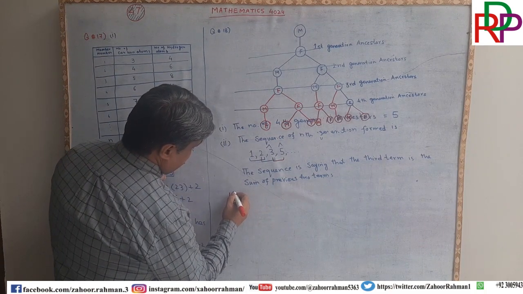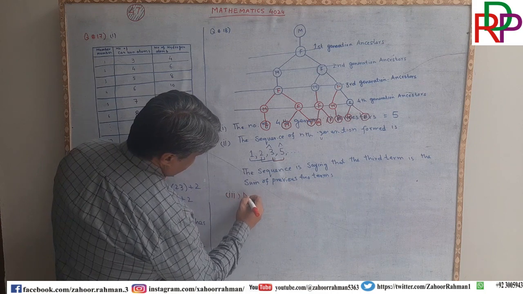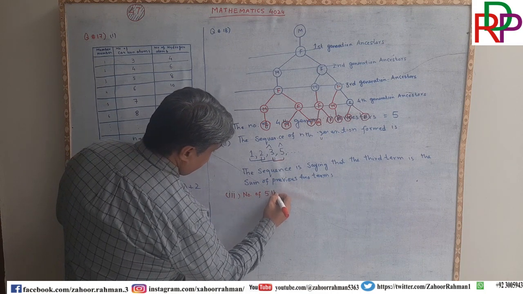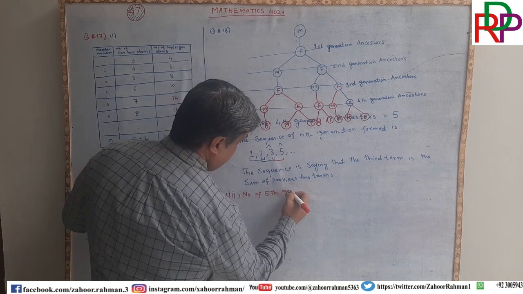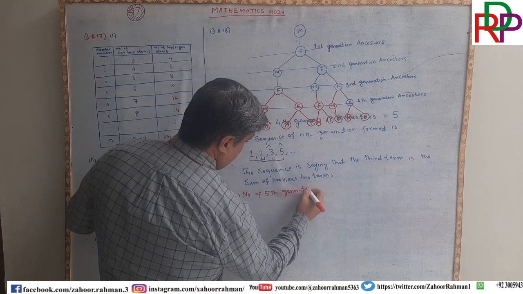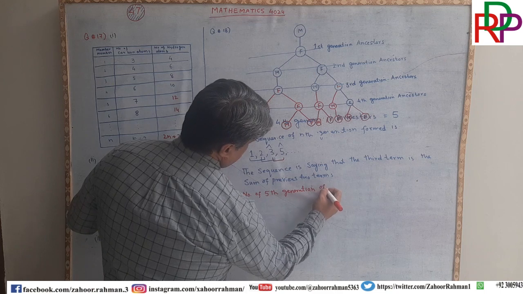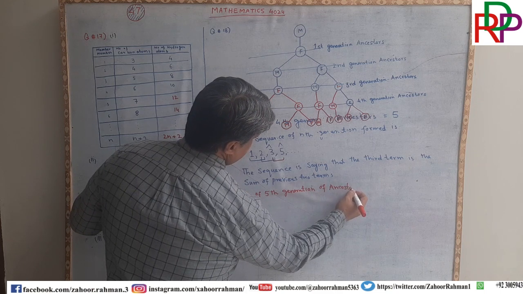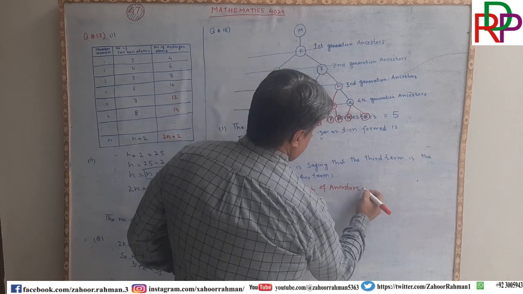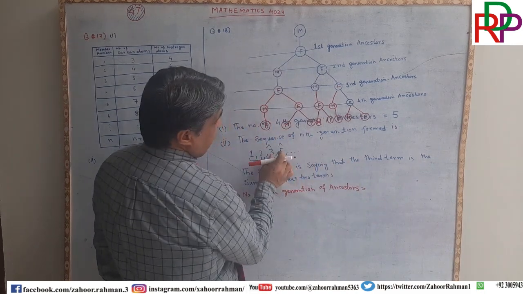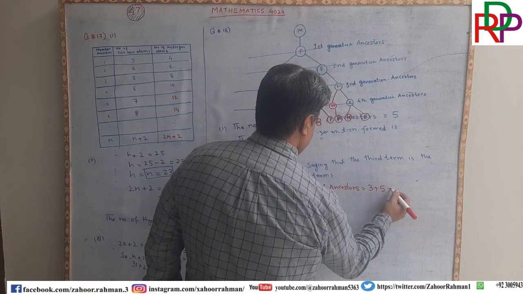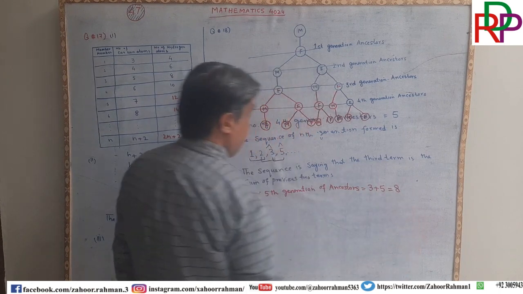I am writing: number of fifth generation of ancestors is equal to, what will be 3 plus 5? 3 plus 5, and that will be 8.